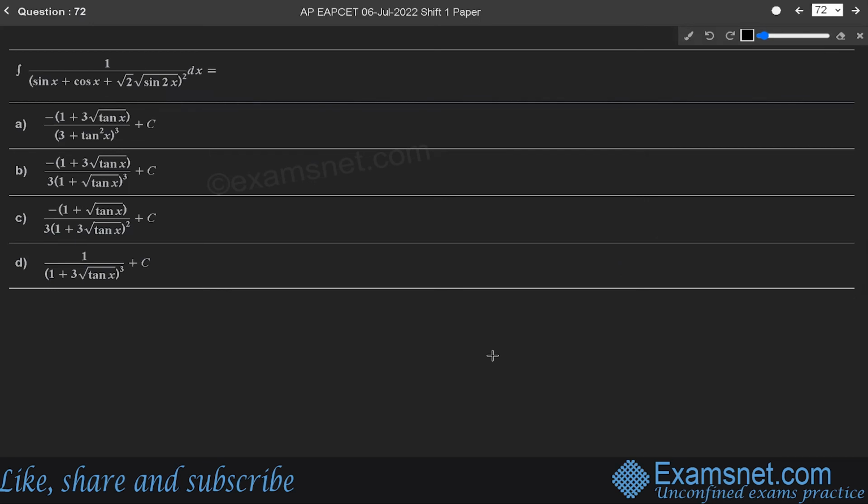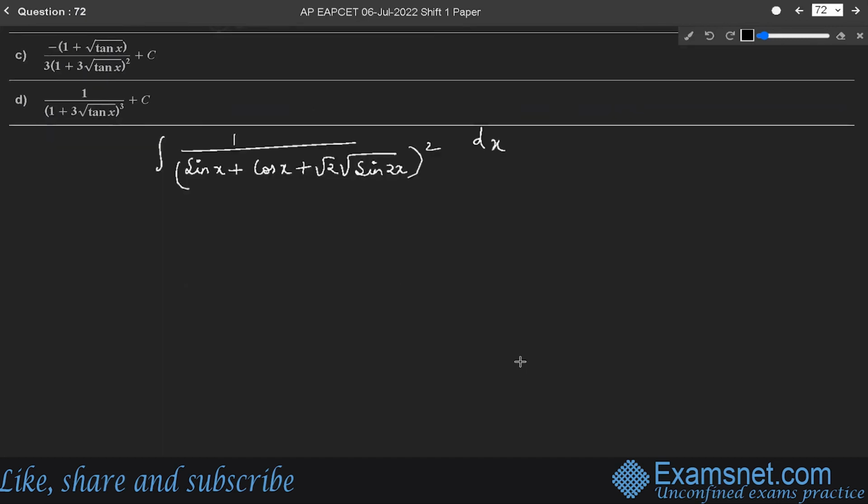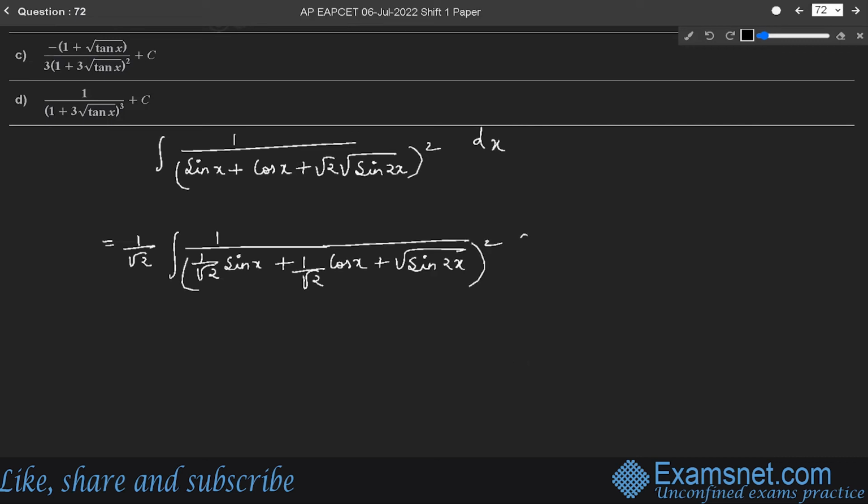Next question is integral of 1 upon sin x plus cos x plus under root 2 into under root of sin 2x whole square dx is. See, if we take 1 by root 2 common, it will be 1 by root 2 into integral of 1 upon 1 by root 2 sin x plus 1 by root 2 cos x plus under root of sin 2x whole square dx.